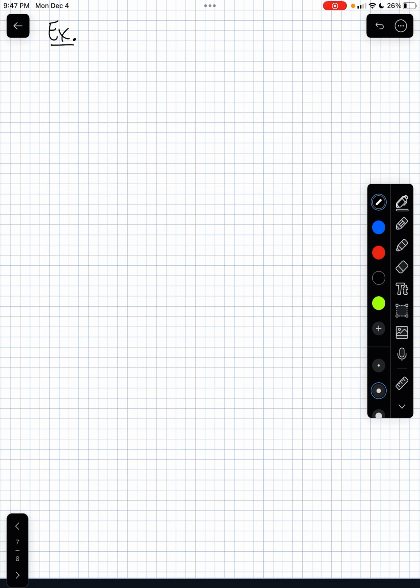Another example we might use here is, say, the tangent of 11 pi over 12. So again, we need to figure out how to write 11 pi over 12 as a sum or difference of common angles.